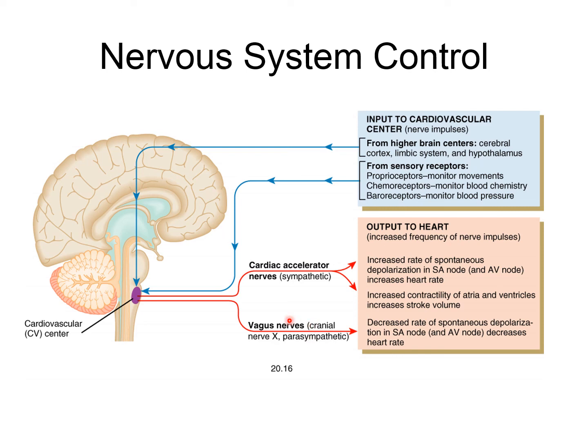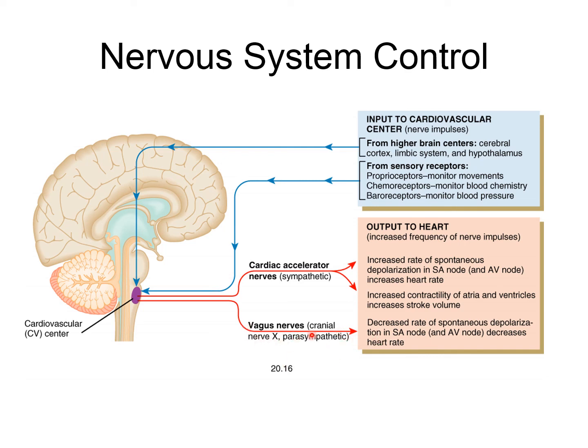The parasympathetic system is to decrease the rate of spontaneous depolarization in the SA node and decrease the heart rate. If heart rate is increasing and blood pressure is increasing, that input is coming from the baroreceptors, and if the conditions are going to be normal, then they have to reduce the heartbeat.